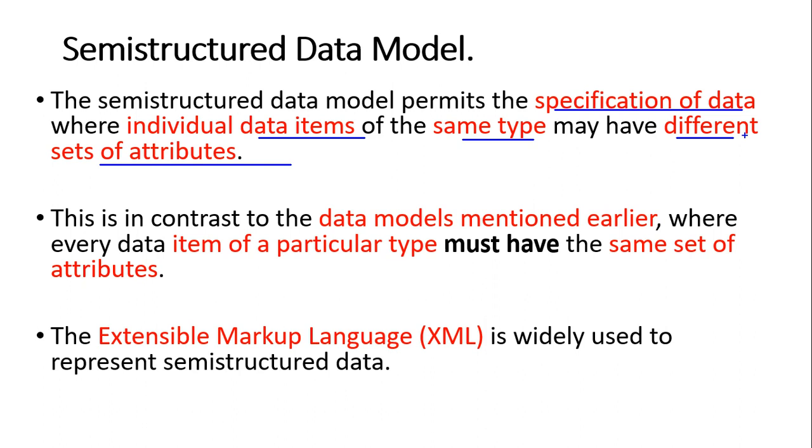So you can have different attributes, as compared to the previous data models like the entity relational or object model. You don't have a rigid structure there. Every data item of a particular type can have different things. This is in contrast with the previous one, wherein every data item must have the same attributes, whereas that is not required in the semi-structured model.